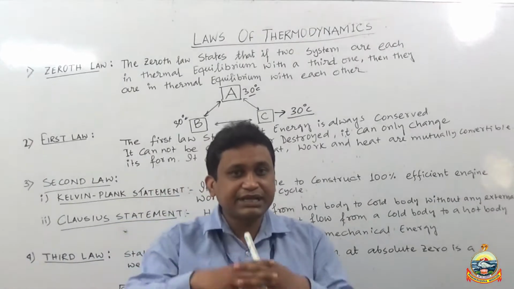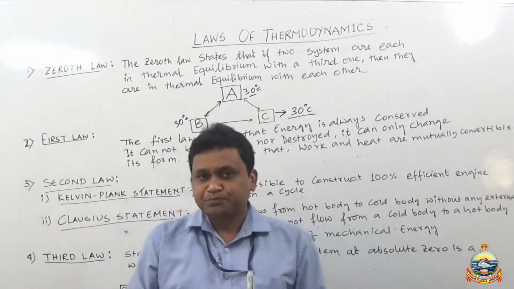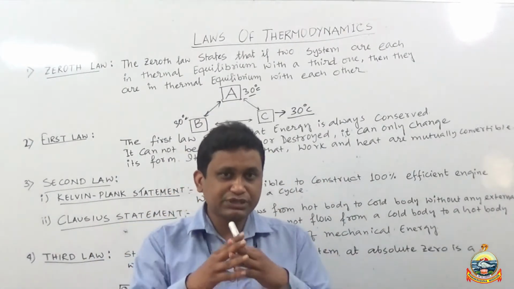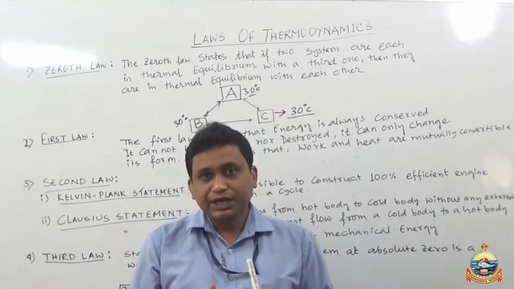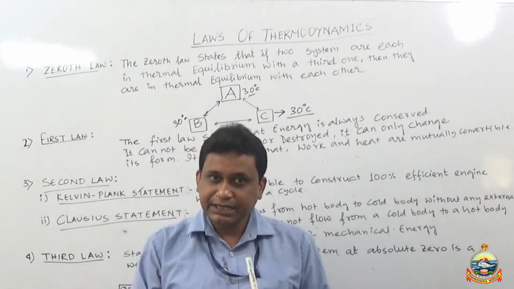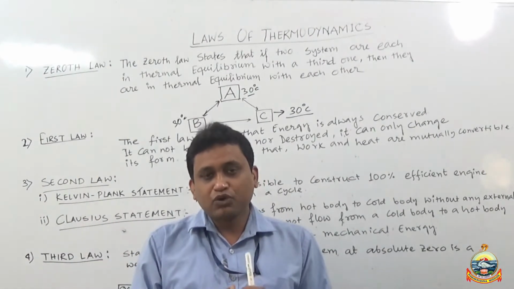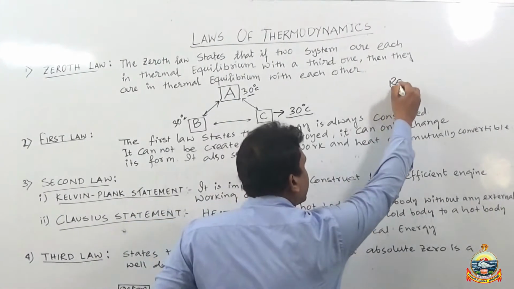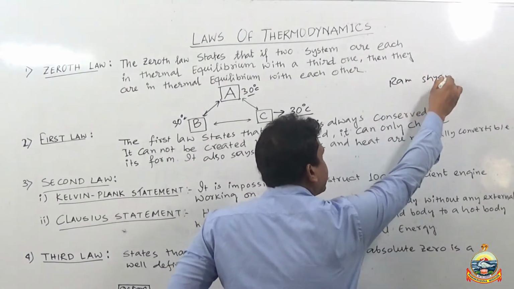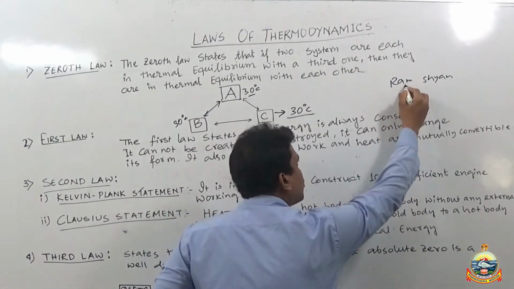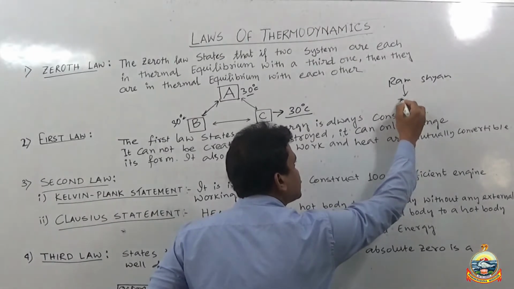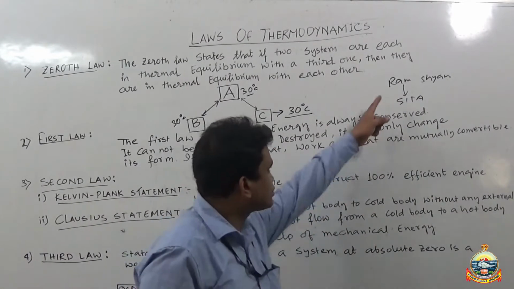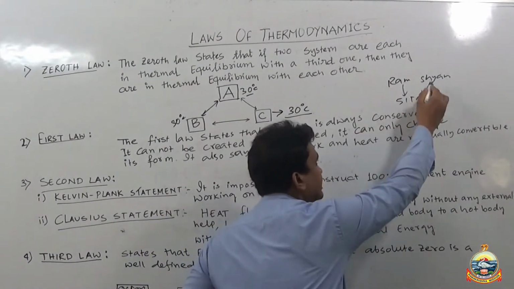Let us understand by taking another example. Suppose you and your class friend have a common friend. Suppose Ram and Shyam: Ram knows Sita and Shyam also knows Sita.